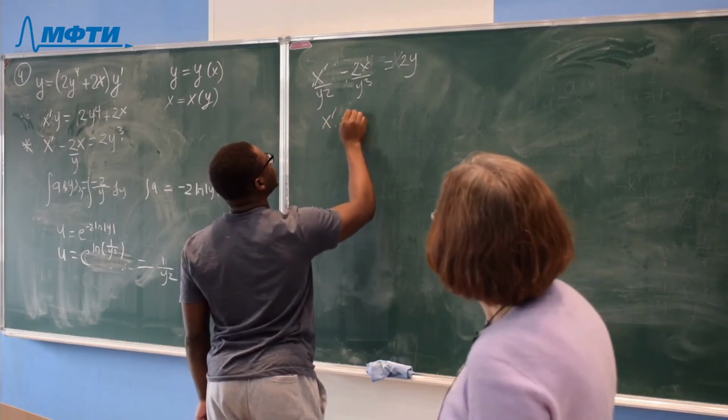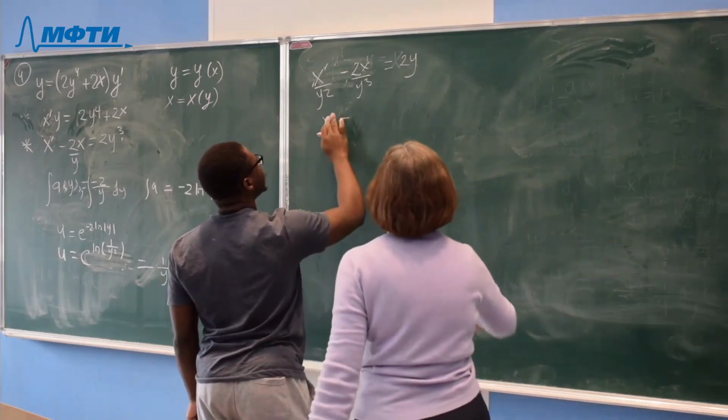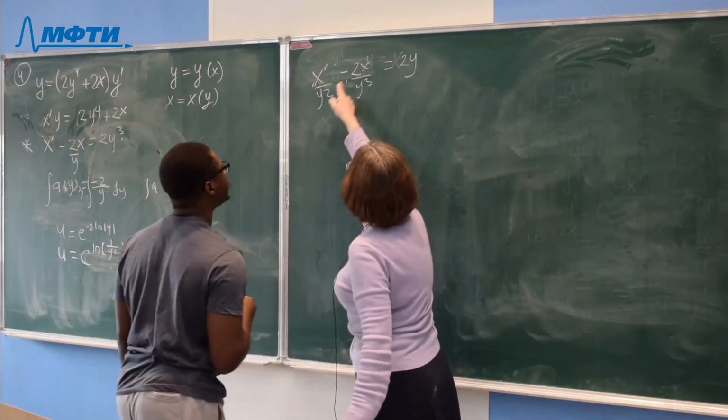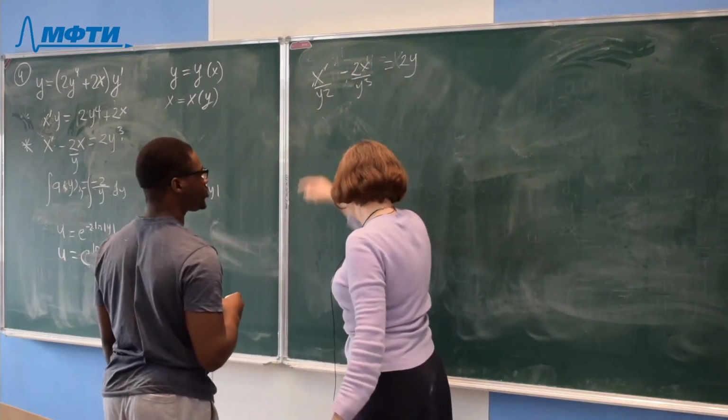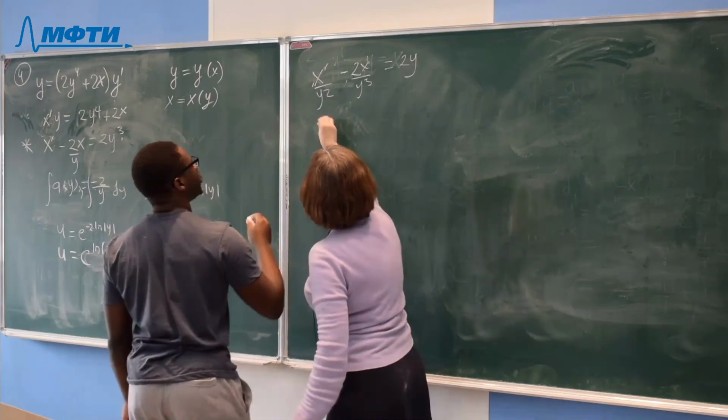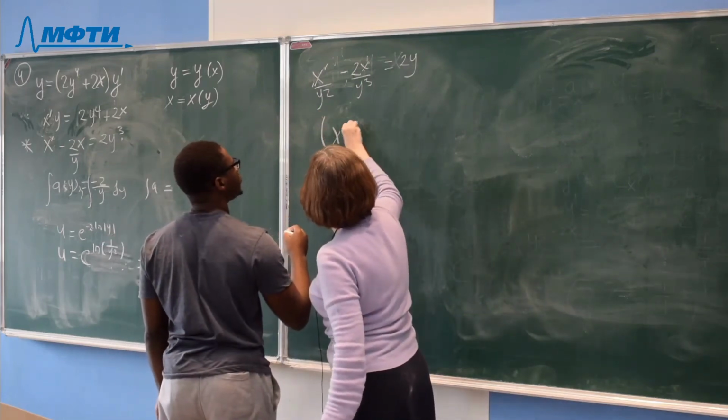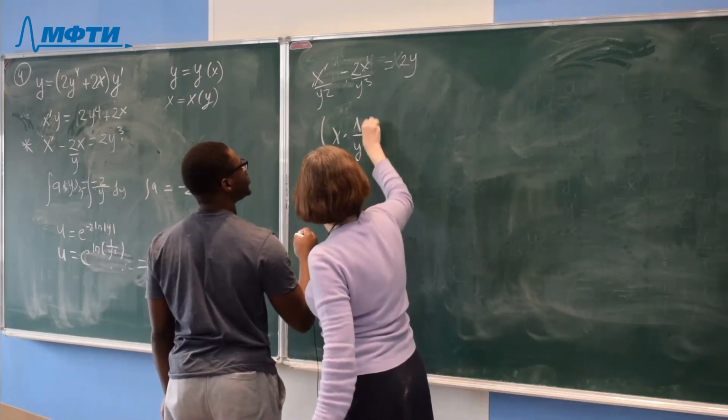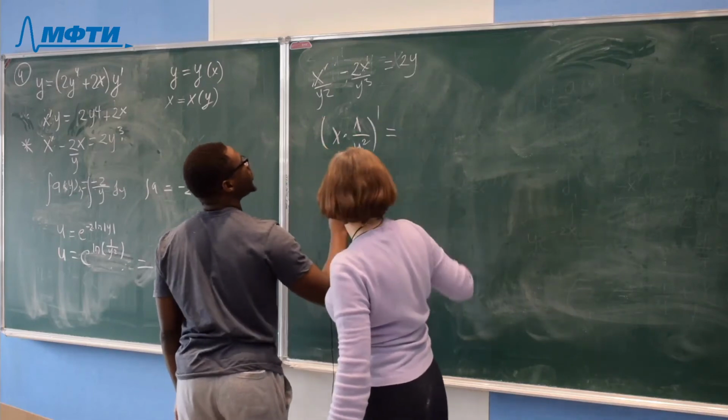And now the next step is to separate. So this is the derivative of which function? Of the function x times 1 over y squared, prime equals 2y.